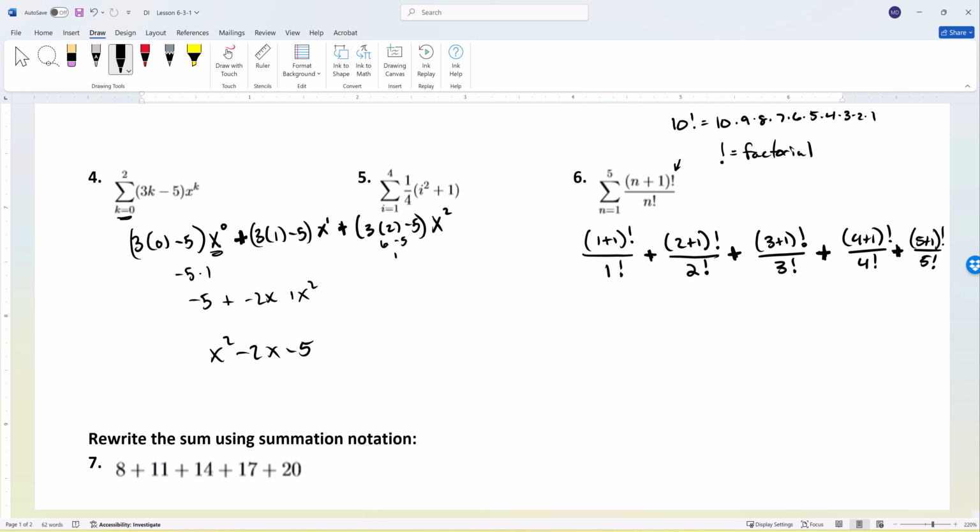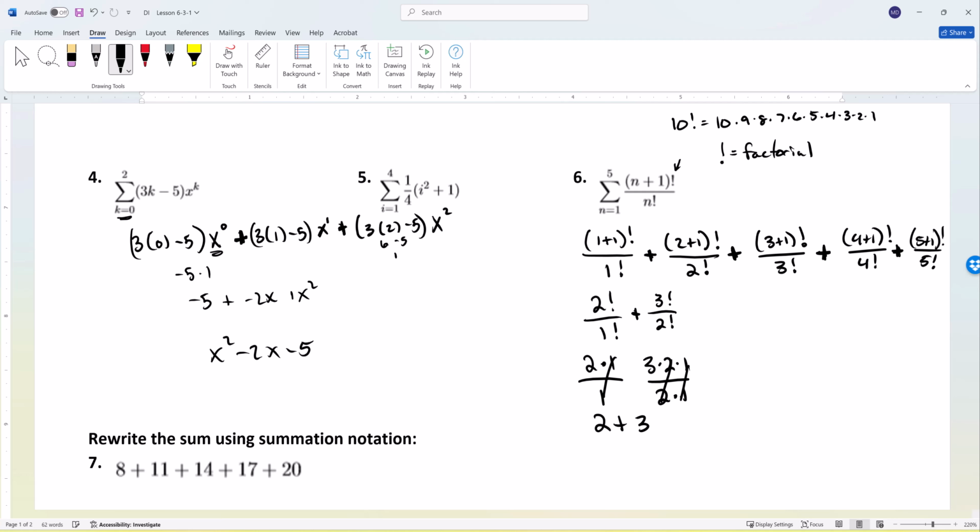Now you should see a pattern here that's going to kind of help you in simplifying this. So for example, the top is 2 factorial over 1 factorial. Now be careful, they don't reduce. You have to actually do the factorial first and then reduce. So 2 times 1 over 1, that cancels out and you get 2. So for this one, you're going to get 3 factorial over 2 factorial, which is 3 times 2 times 1 over 2 times 1.